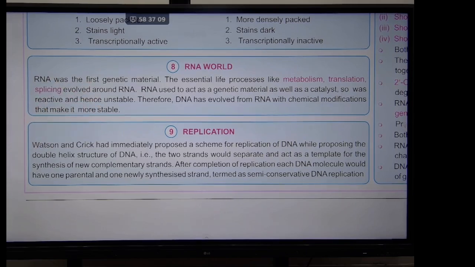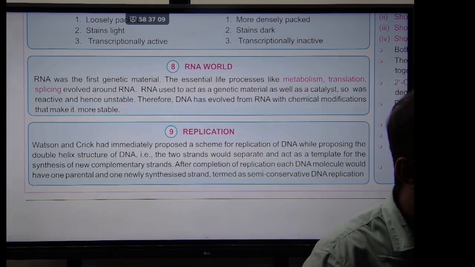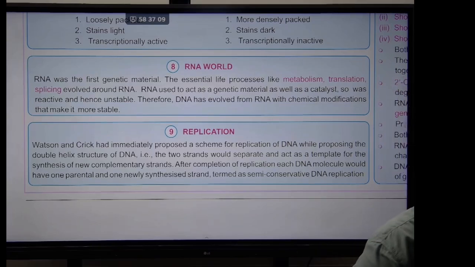Still, in the ribosomes, there are RNAs which can function like enzymes, called ribozymes, which can form peptide bonds. The problem with RNA is that it was highly reactive, right? And it is unstable because of the hydroxyl group on the second carbon atom of the pentose sugar.